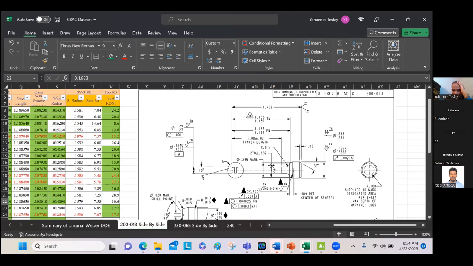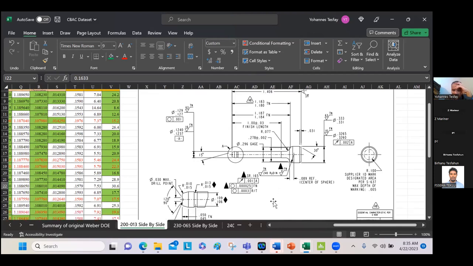All these distances are already given. This is also 30 degrees, and the run out here is 0.02. This symbol is roughness, 16 microns. It's tight, isn't it? 16 microns is a very small thing.